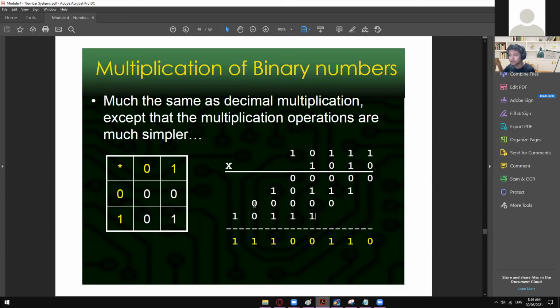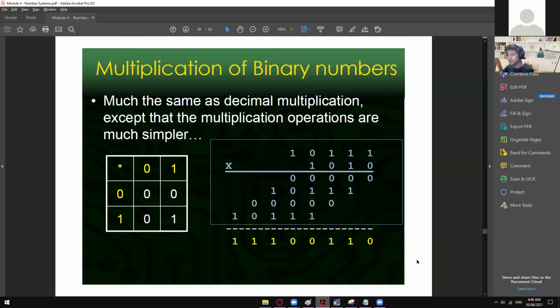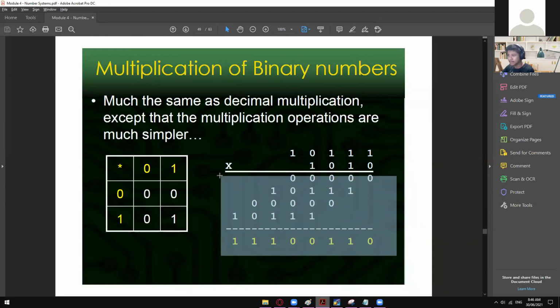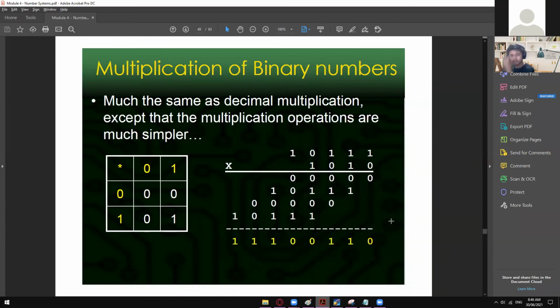And then 1 plus 0 is 1, and then bring down 1. So in here, it's the normal way of multiplying things, and then after that, just apply binary addition for you to be able to get this one. All right, so are we clear with this one so far? Yes, sir. Okay, very good.